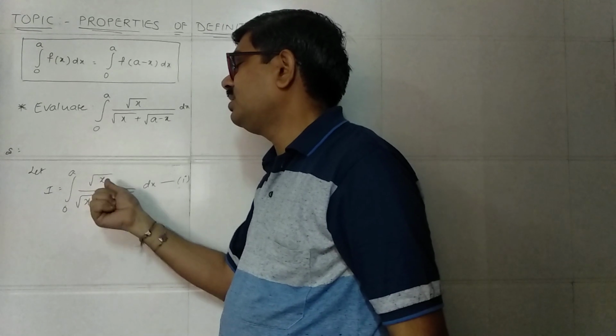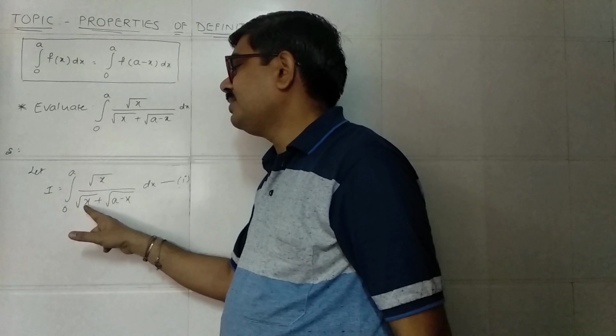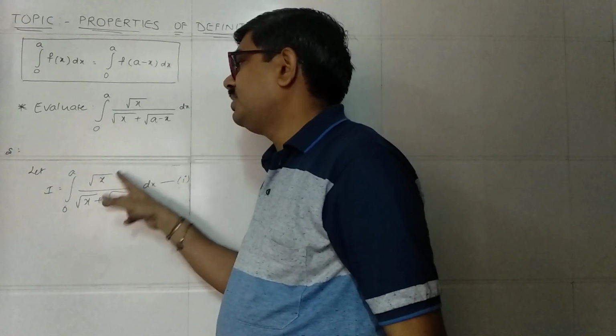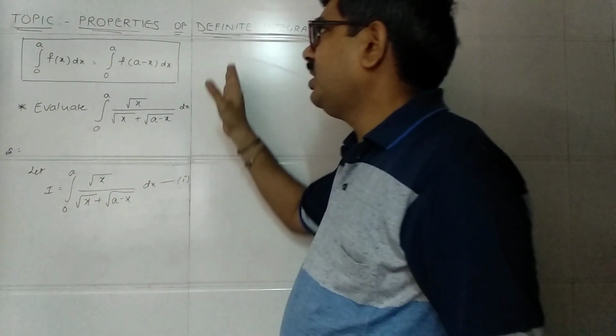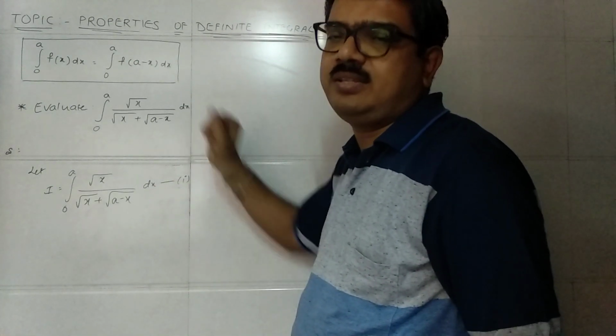Here in this integral, in the numerator the term is root x, and the same thing is also present in the denominator, that is square root of x. So this is the identification for the integrals where you can apply this property.